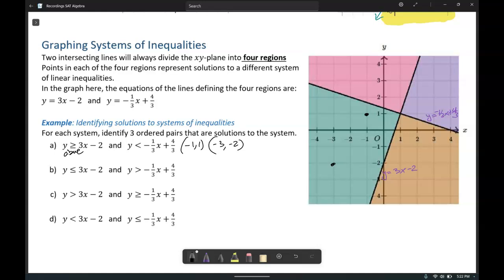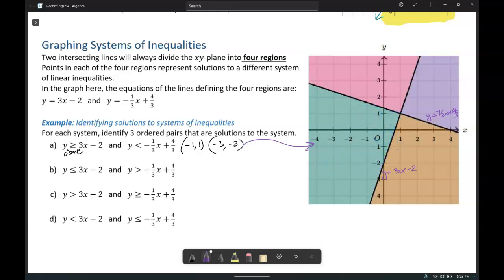Also, anything that is on this line, in this section, will also be a solution due to the or equal part of the inequality. So again, anything within the green region will be a solution for that first system.